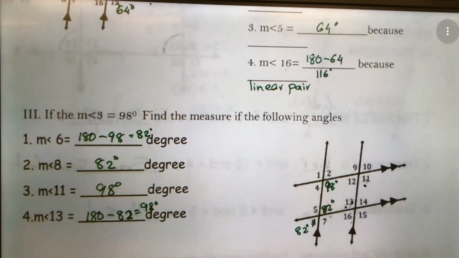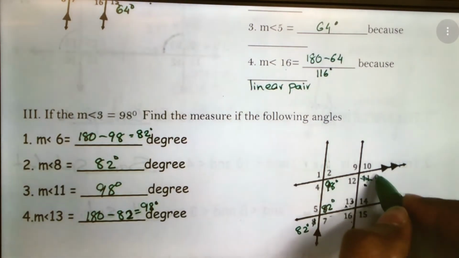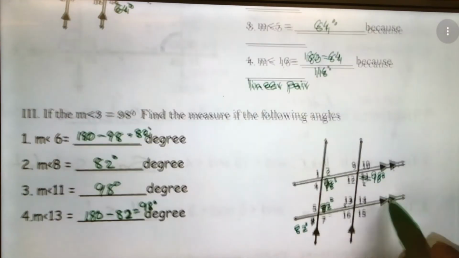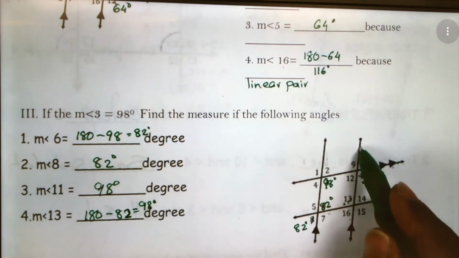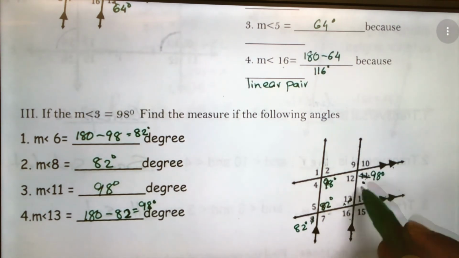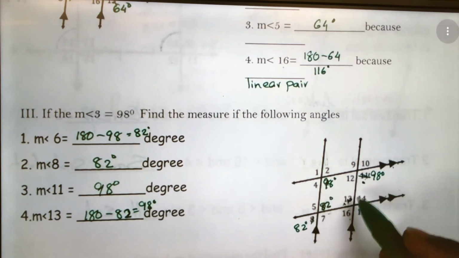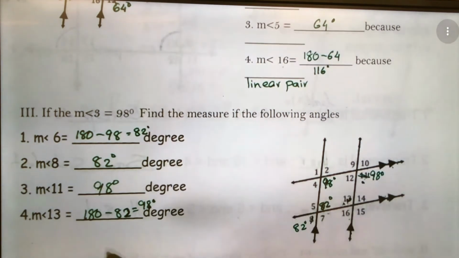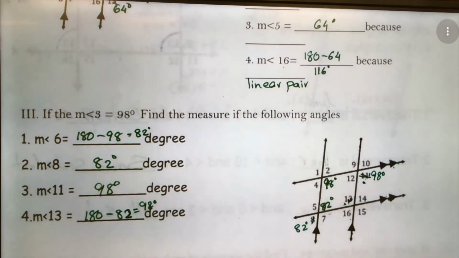Or you already said that angle 11 is 98 degrees. Since these two lines are parallel and angle 13 is here, I take this line as a transversal line. So these two angles are alternate interior angles, so they are also congruent to each other, so 13 should be 98, and you get the same answer.